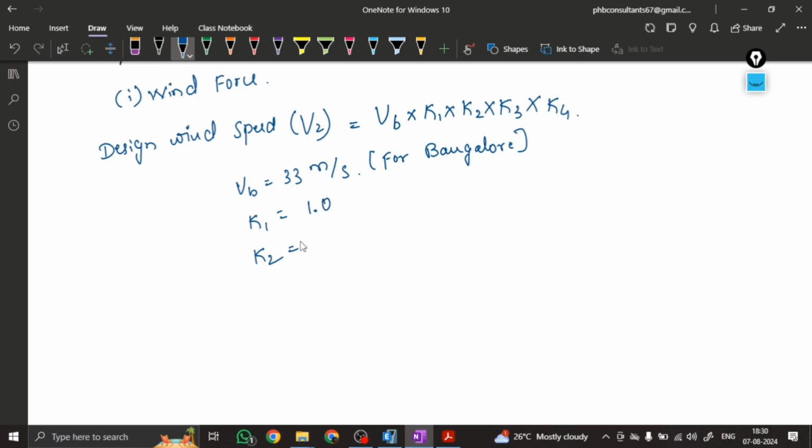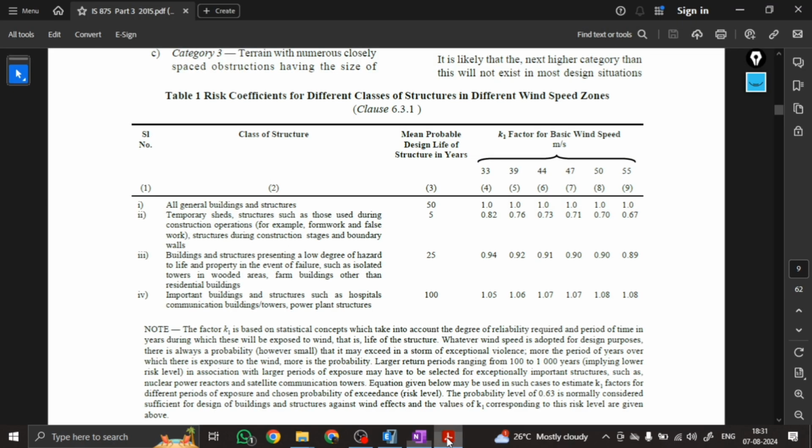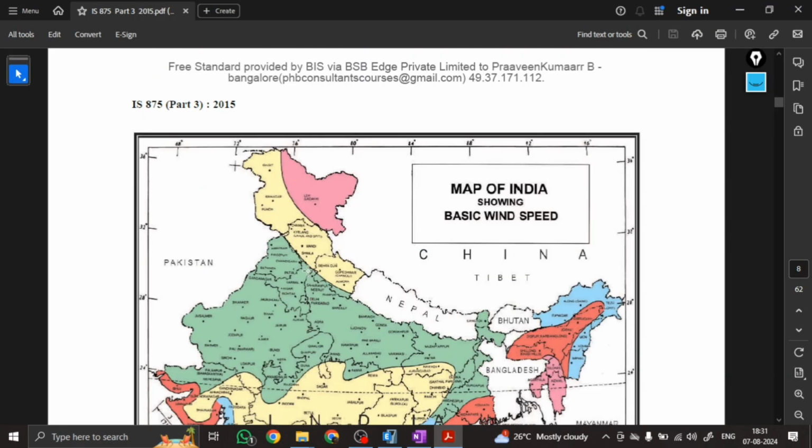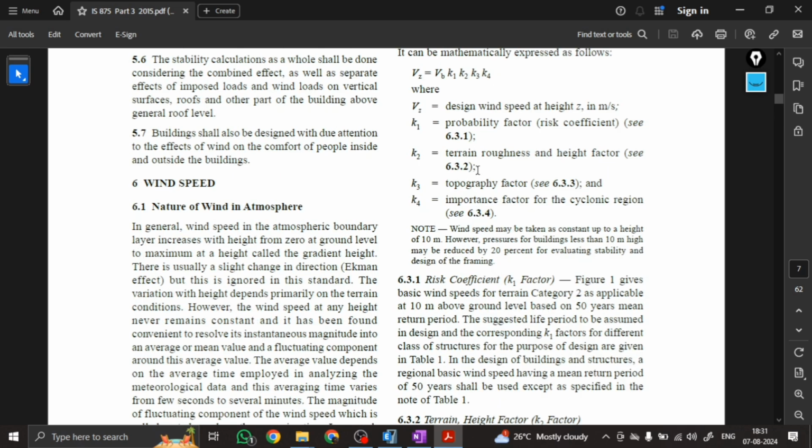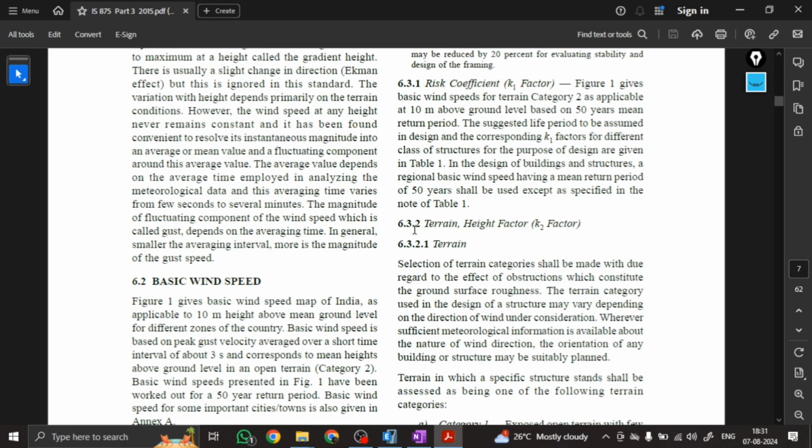Now, the K2 value. K2 means, see here, terrain roughness and height factor. See 6.3.2, here is 6.3.2, terrain height factor, K2 factor.